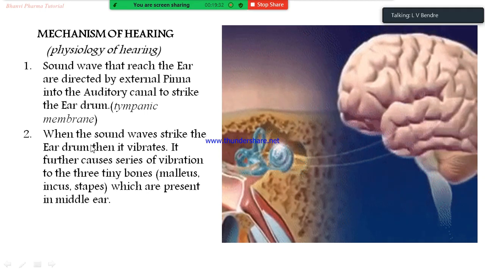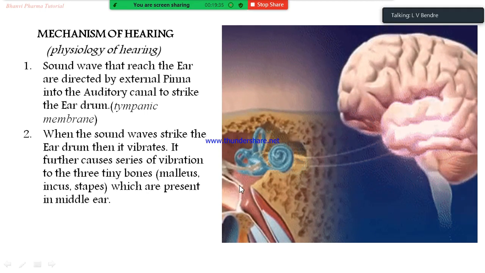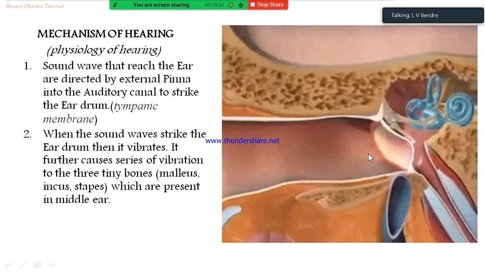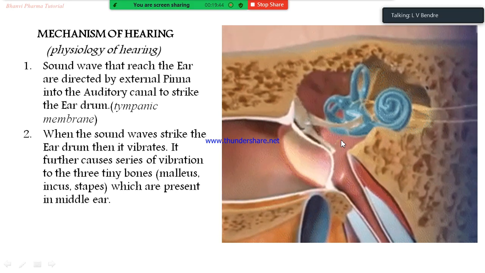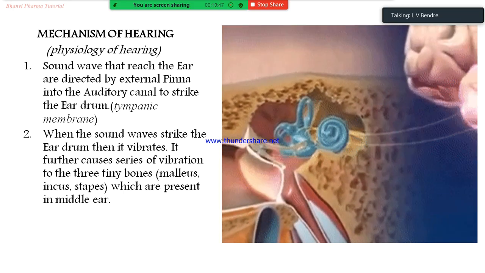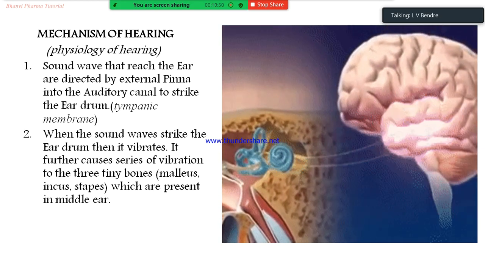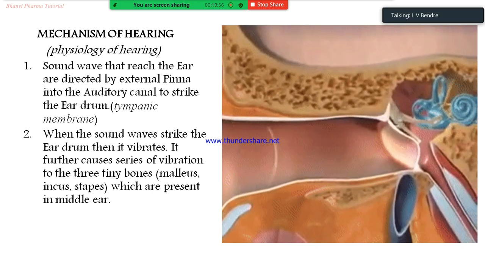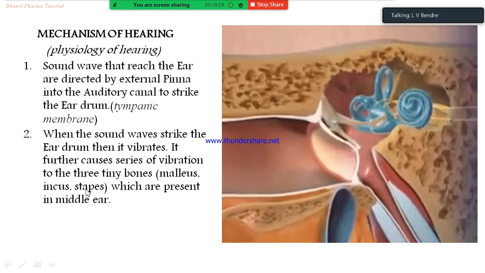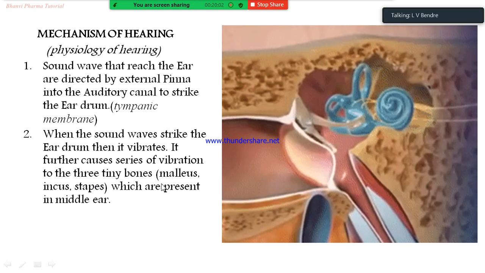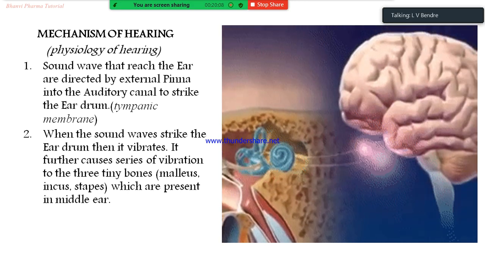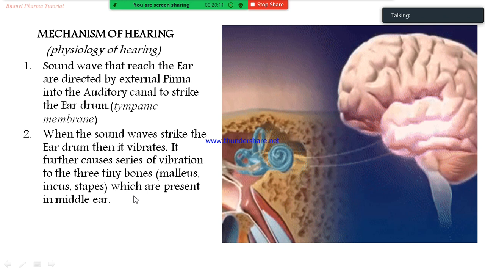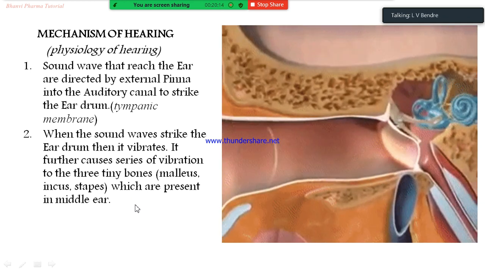When the sound wave strikes the eardrum, it vibrates, as you see in the animation. This further causes a series of vibrations in the three tiny bones, the malleus, incus and stapes, which are present in the middle ear.